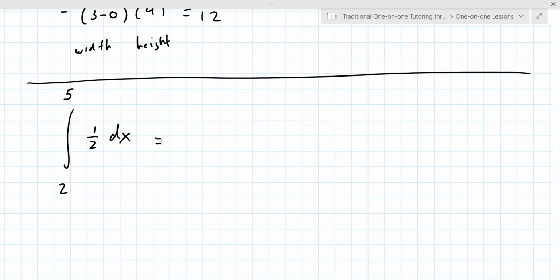So 1.5. Yes. So it's the height is 1/2, 5 minus 2 is the width, times 1/2 here gets you to 3 halves. Is that what I heard?